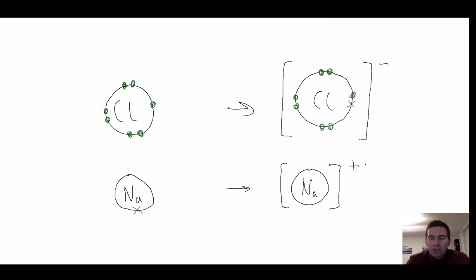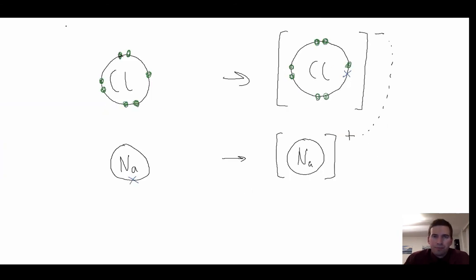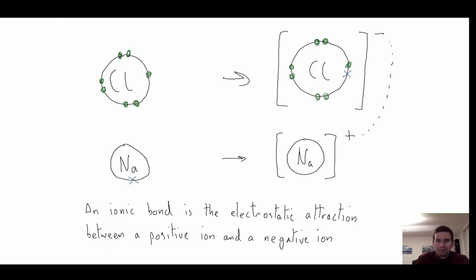Well, the ionic bond is the attraction between the negative and positively charged ions. So if you are asked for a definition for ionic bonding, you would write this: ionic bond is the electrostatic attraction between a positive ion and a negative ion. So just to finish off, in this ionic substance, the formula would be NaCl, because you have a ratio of 1:1 between sodium ions and chloride ions.